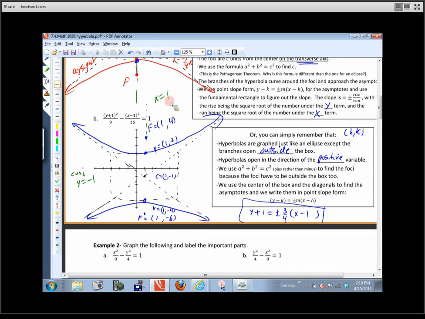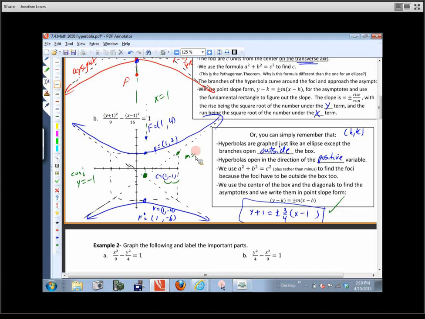Now let's take a good look at this. I've got the foci, I've got the center, I've got the vertices, I've got the asymptotes drawn in there. I've got a pretty decent picture. If you were going to get 100% on this, you've got to have the asymptotes. We already figured out what they are. Let's just double check and make sure. That point is 1, -1. And how do I get from here to a corner? I'd have to go to the right 4 and up 3.